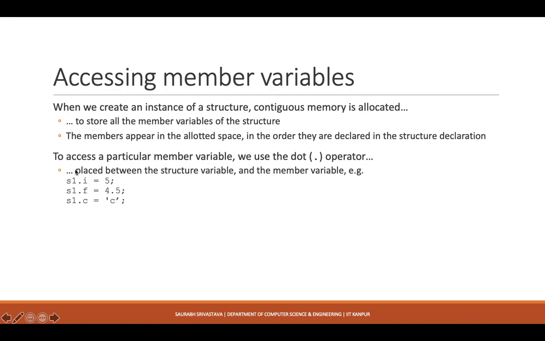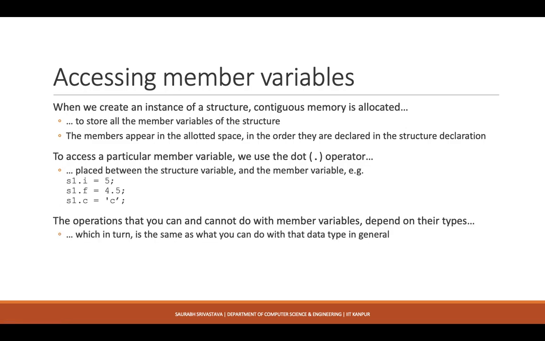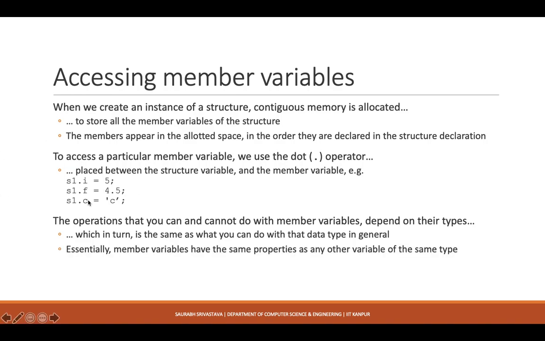So this is what you declare, but this is what you created with the help of the name of that structure. The actual operations that you can do upon these member variables are basically the same as you can do with the individual data types. Essentially, whatever you can do with this particular data type individually, in isolation without any structures, all the same operations can be applied to these member variables, right?